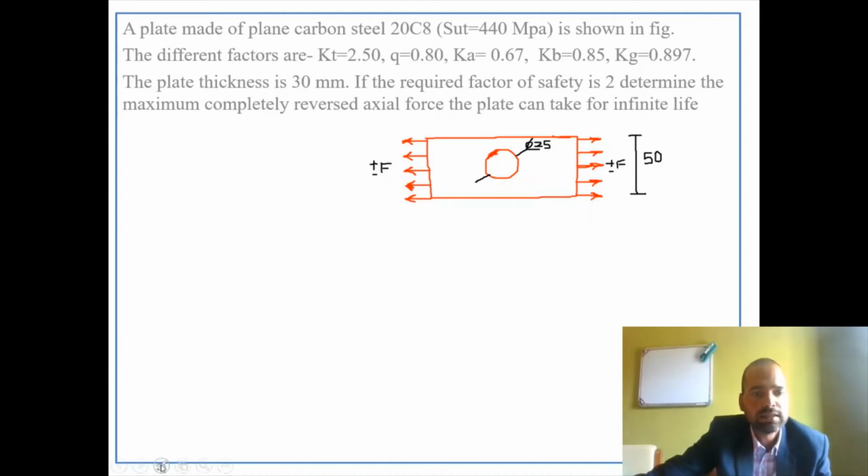Now let's discuss this problem, and we'll analyze the different conditions for designing the component.